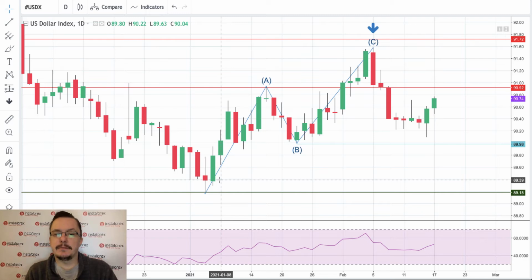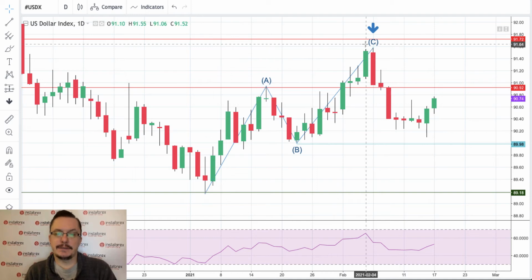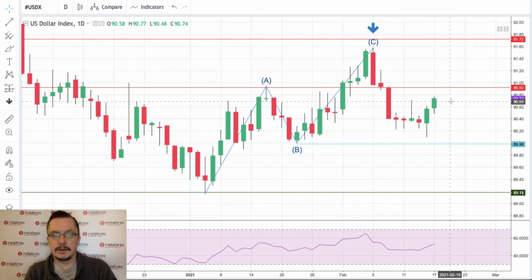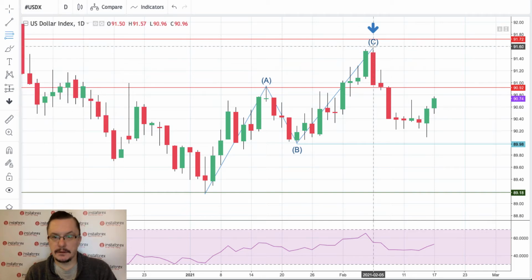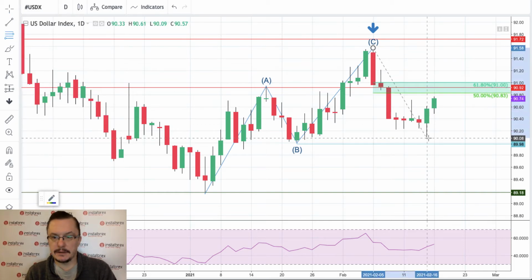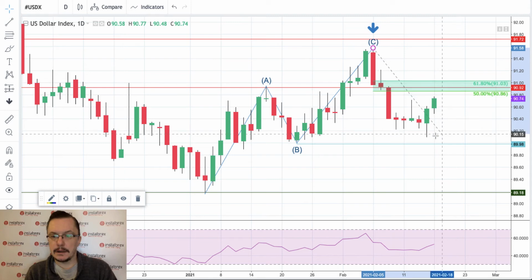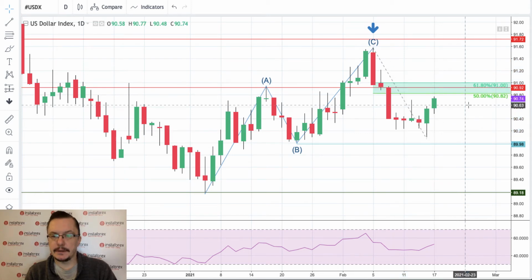The larger time frame is of course the weekly, the monthly trend is of course down, but right now after this ABC correction has been made, not much happened here. Let me just take a look if we are close to any kind of Fibonacci retracement. 50 is at 90.92, 61 is at 91.